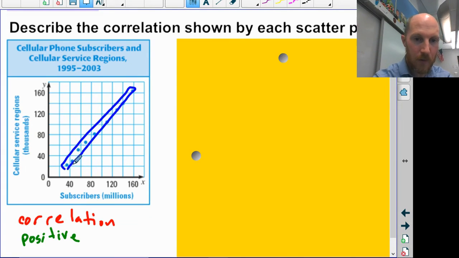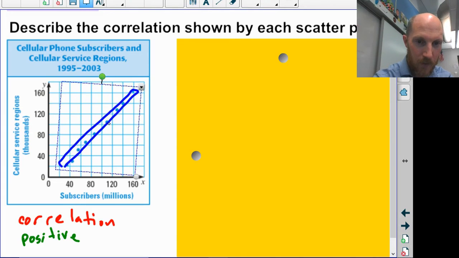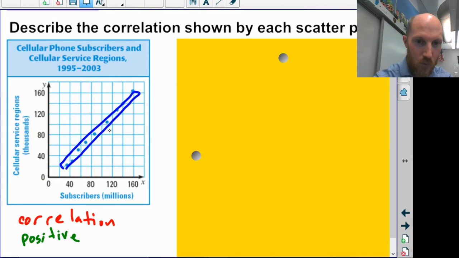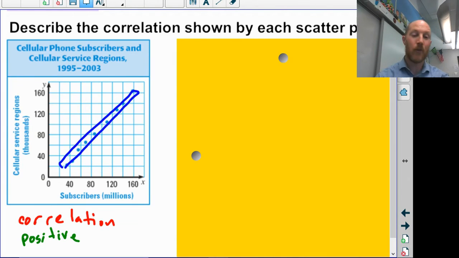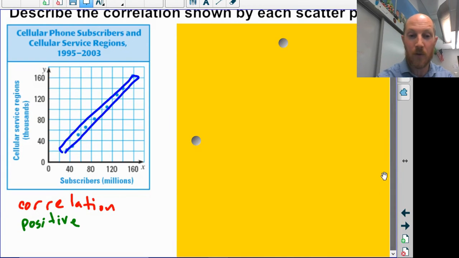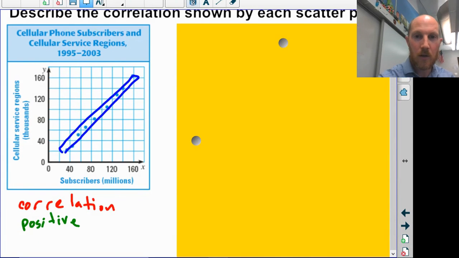Well, if I draw the smallest possible rectangle around these dots, that is a very narrow rectangle. And whether you draw the rectangle in real life or just visualize, it's going to be a very narrow rectangle. The dots are very close to being a perfect straight line, but not actually a perfect straight line. So I would say it's definitely a strong positive correlation.